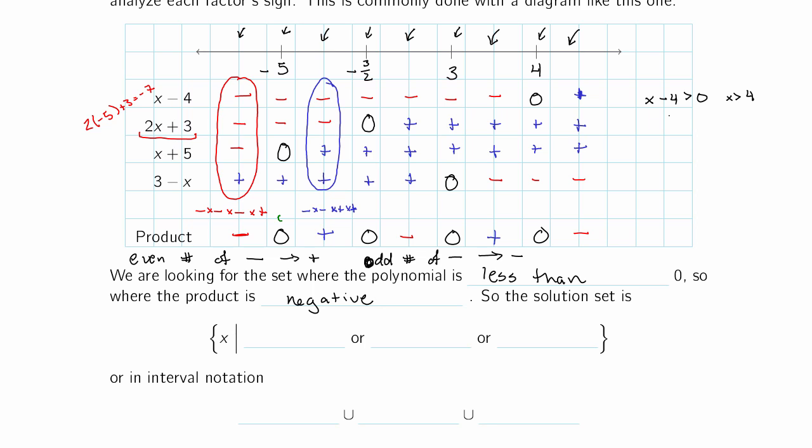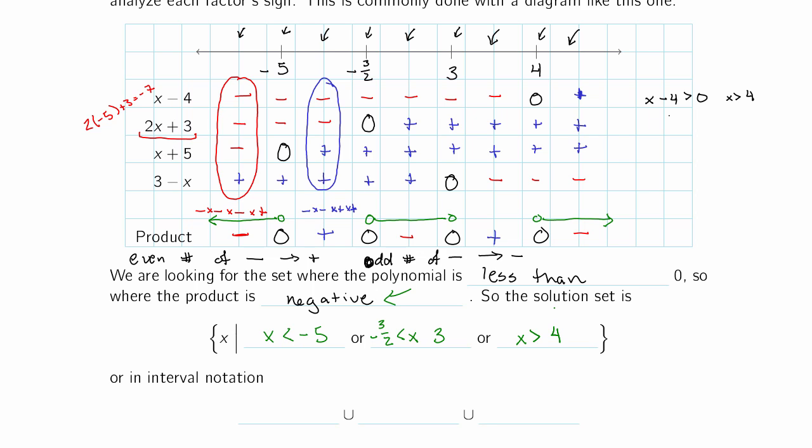That means that we're looking not at -5, but to the numbers left of -5. Not at -3/2 and not at 3, but at the numbers in between. Not at 4, but at the numbers greater than 4. That's why we've marked our product as negative. So that's going to be where x is less than -5, or x is between -3/2 and 3, or x is greater than 4.